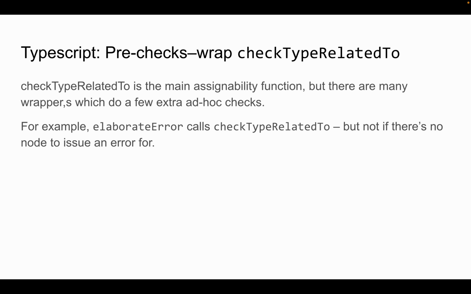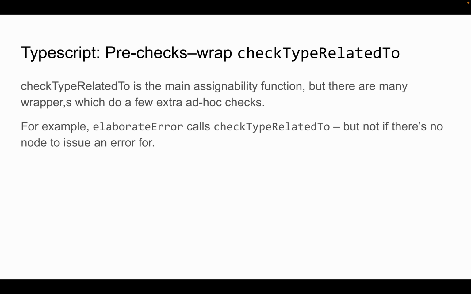So the first step is pre-checks. There are a lot of wrappers inside the compiler code that wrap around check type related to. Check type related to is the main assignability function, but there's a bunch of other wrappers. For example, elaborate error does some post-processing to provide good errors. It tries to minimize the number of extra lines that you have and so on.